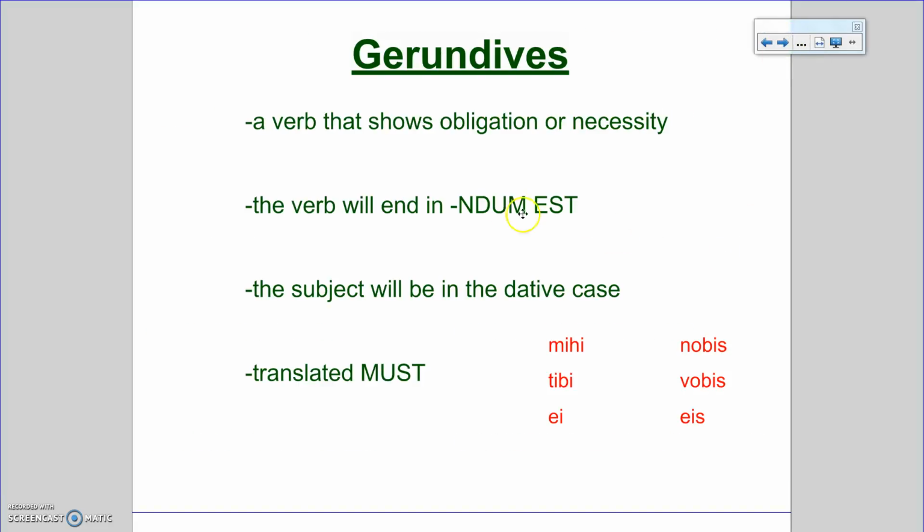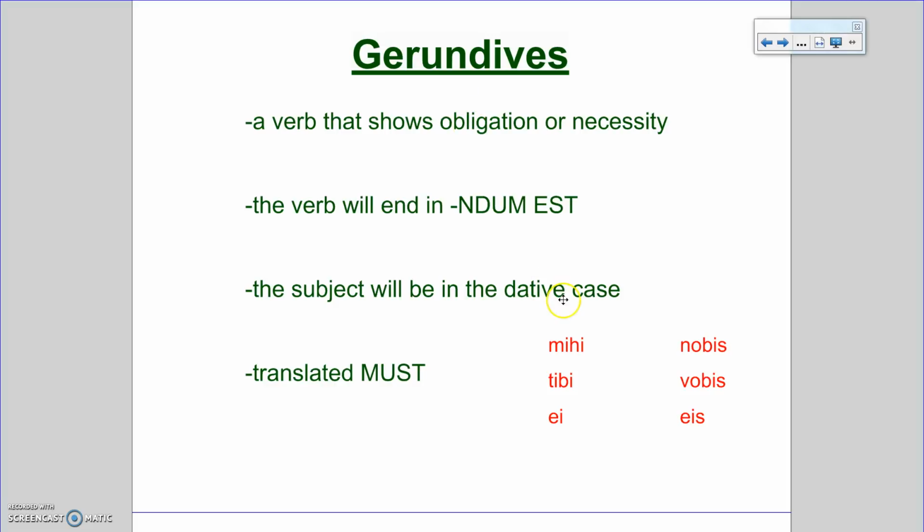So just to recap, gerundives are a form of verb that shows obligation or necessity. The verb will always end in ndum est, which, remember, the nd is just like the nd in the word gerundive, so make that connection.